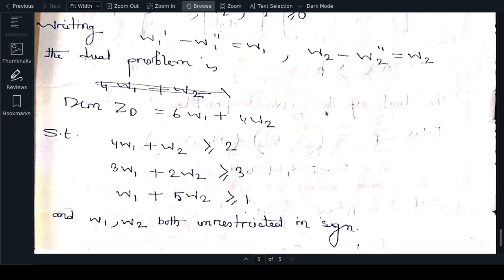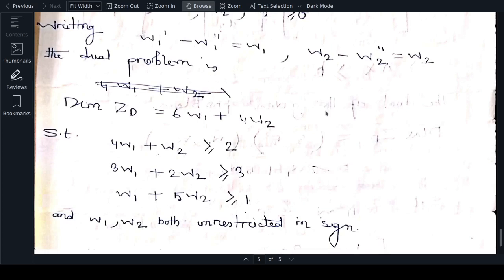This one will be equal to what? The coefficients of the objective function and the constants of the constraints are interchanged. The constants of the constraints in the primal are 2, minus 6, minus 4, 4.